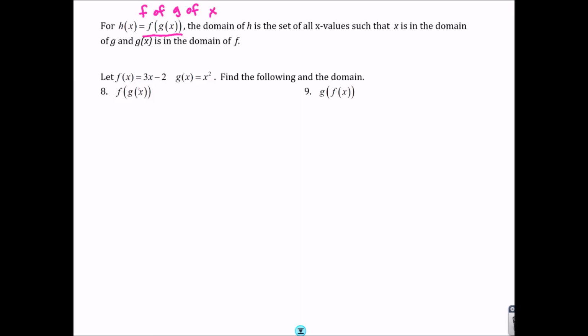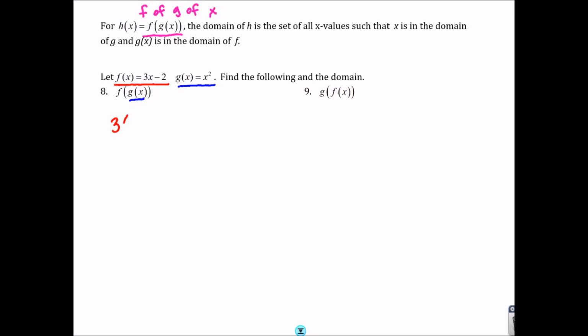For these next two problems, we have that f of x equals 3x minus 2 and g of x equals x squared. So we want to find f of g of x and then find the domain of that function. So f of g of x means we are going to plug g of x into f of x.